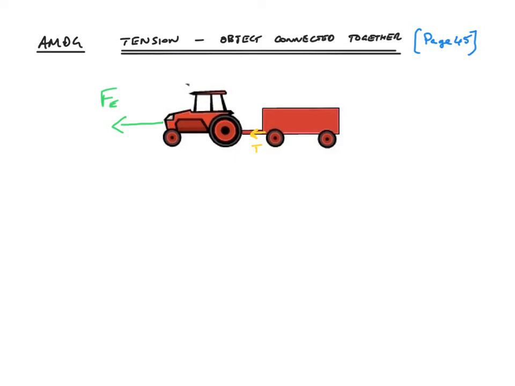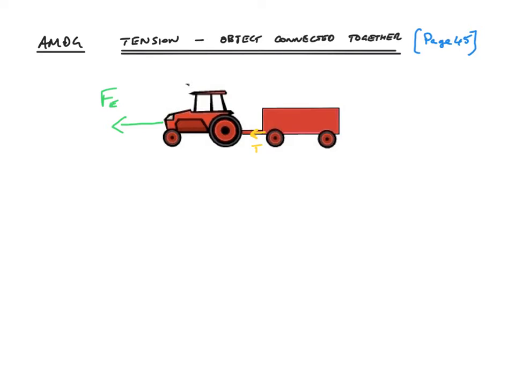So basically this is a Newton's third law situation here, because we've got tractor pulling on trailer. So that tension in the connection, the coupling that's joining the tractor to the trailer, pulls this trailer to the left, but every action force has an equal and opposite reaction force.